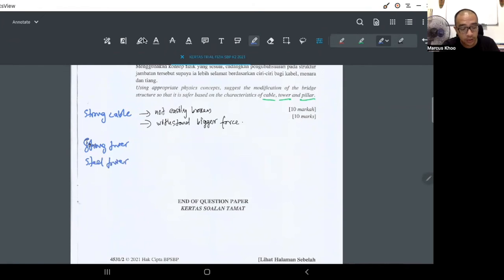Here also you can say steel cable. So the reason will also be the same: not easily broken, withstand a much bigger force. Another one would possibly be does not rust easily. So these two, cable and tower, can use the same set of reasons.